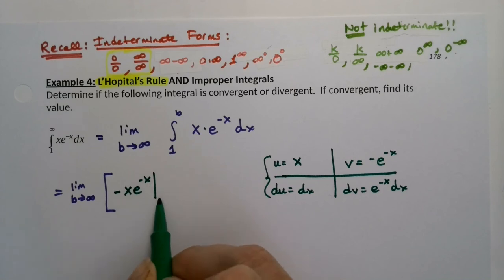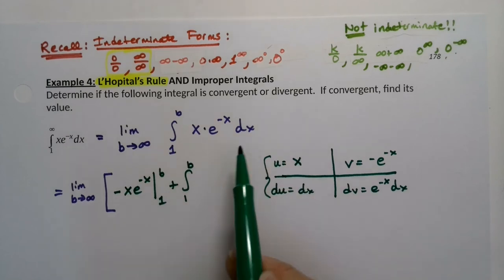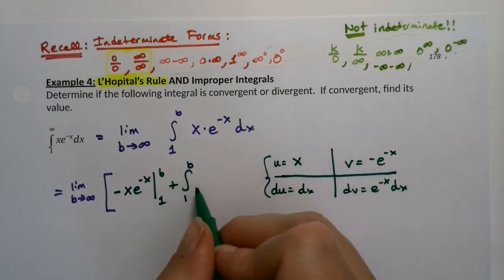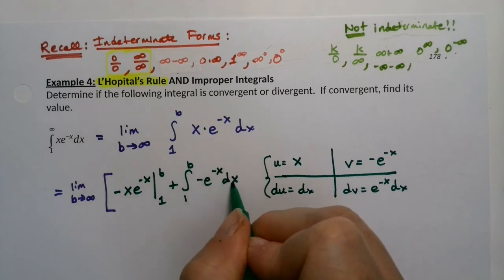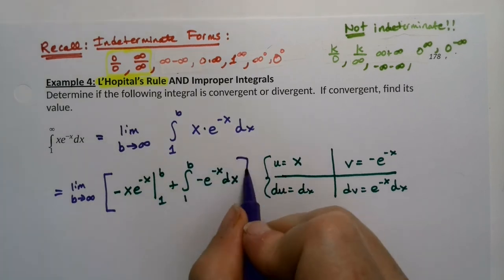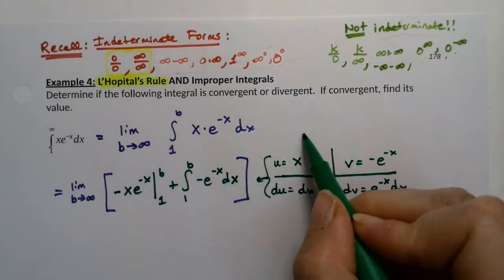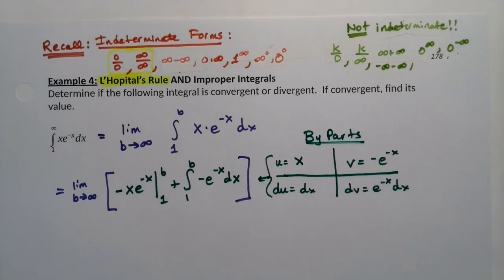I'm going to take that from 1 to b plus integral from 1 to b of v du, which is negative e to the negative x dx. So all of that got put in there. So I had to use integration by parts.